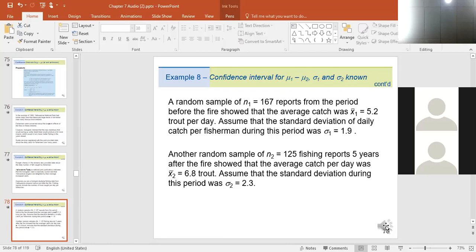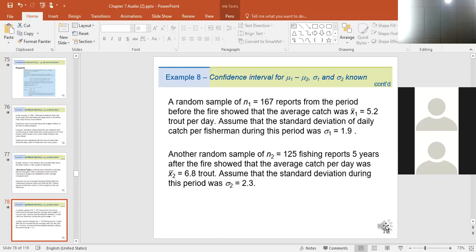Can we conclude from this information that there was better fishing after the fire than before the fire? What do you think? Is this information enough for us to conclude that fire has improved fishing? Any suggestion?